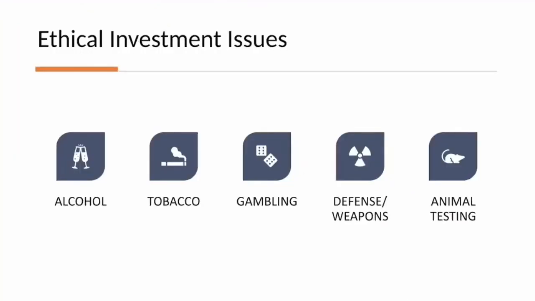Ethical investment issues could be something like alcohol. Should you deal and do business in alcohol, since it's not considered a good health activity? Tobacco, gambling, weapons, animal testing, all these can be considered ethical investment issues.